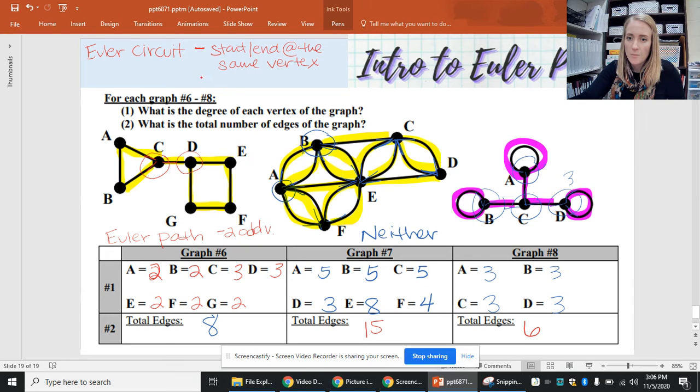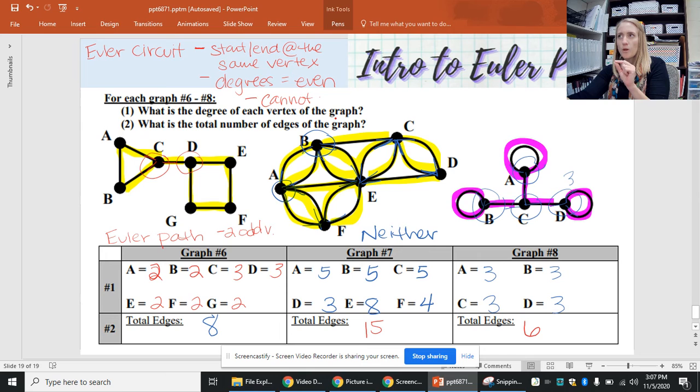And the degrees of all of your vertices have to be even. Those are some rules. You also cannot pass over an edge more than once. Once you've gone down the line, you cannot come back to it.